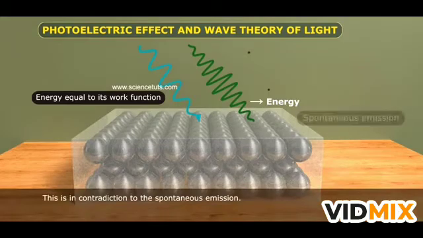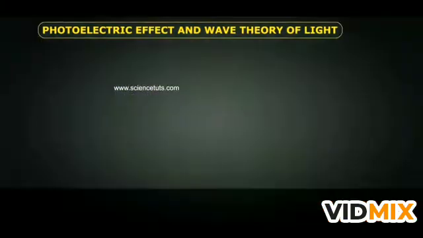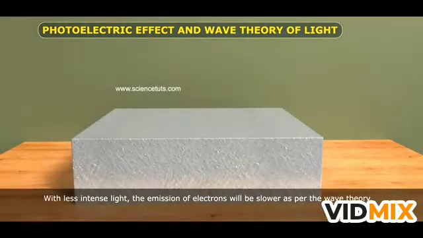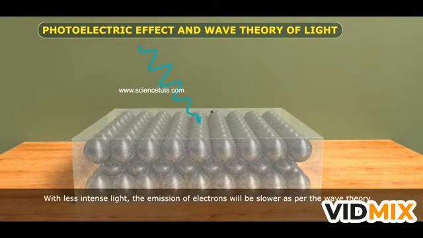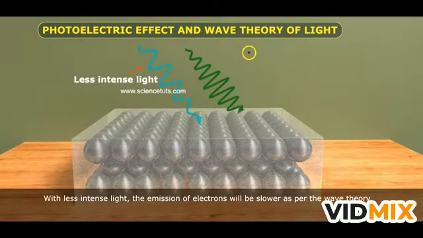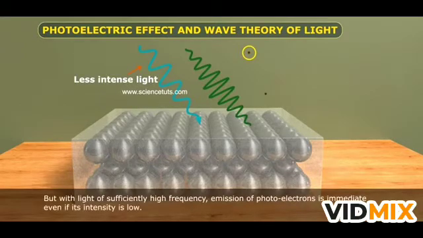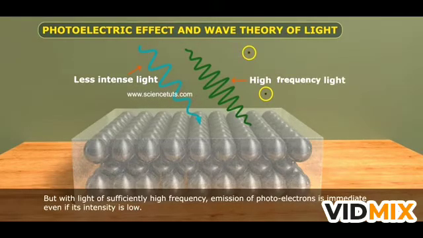This contradicts the spontaneous emission. With less intense light, the emission of electrons will be slower as per the wave theory. But with light of sufficiently high frequency, emission of photoelectrons is immediate even if its intensity is low.